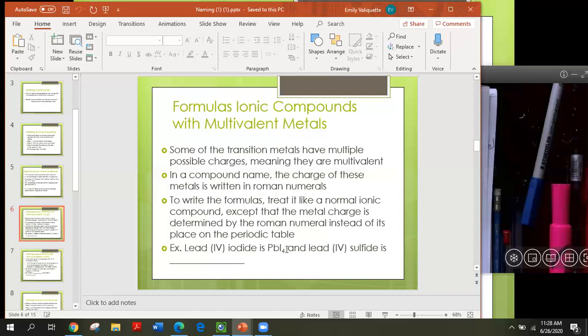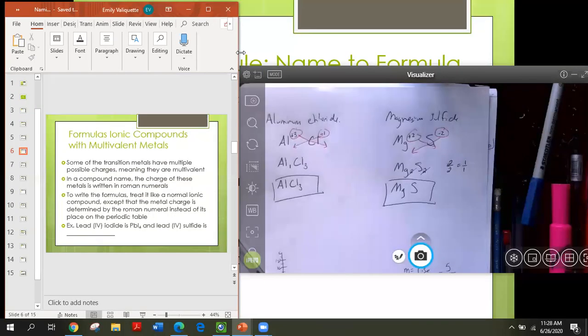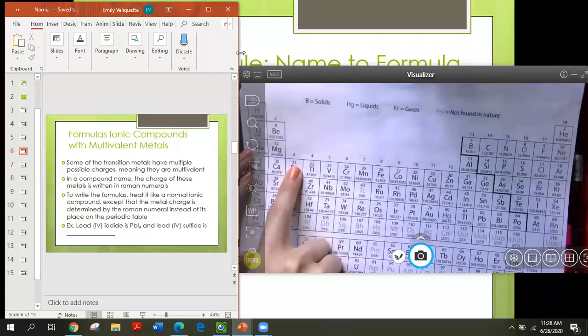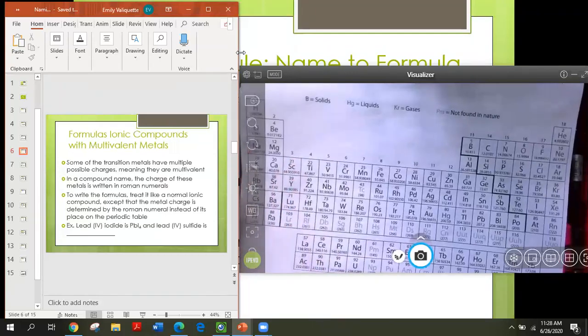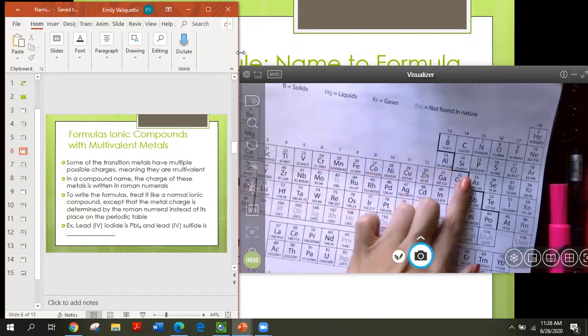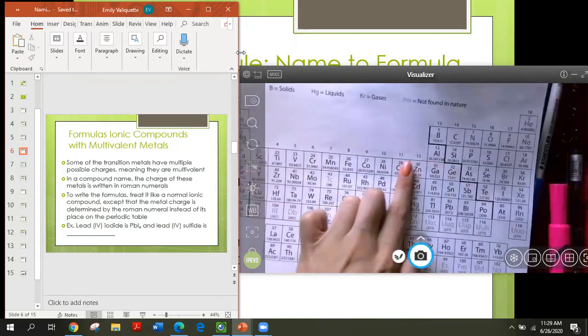And then we cross over our charges like normal if we're going from name to formula. If you're going the other way around, you have to do a reverse crossing over. So I'll go through some examples of this. First of all, when we're talking about our transition metals, just a reminder, transition metals start in the third column here, and they go the whole way across and underneath the staircase.